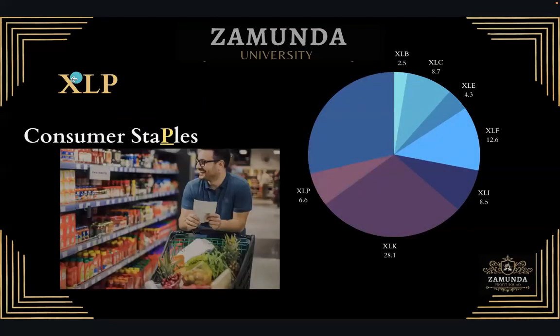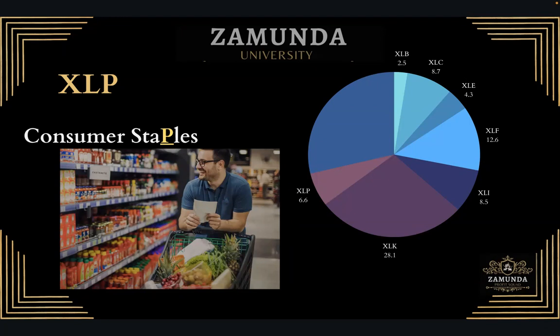So next we have XLP, and the way I remembered it is consumer staple pulse. Once again, no reason why it's XLP. There's no actual reason why they named it XLP that we know of. But XLP accounts for 6.6% of the S&P.